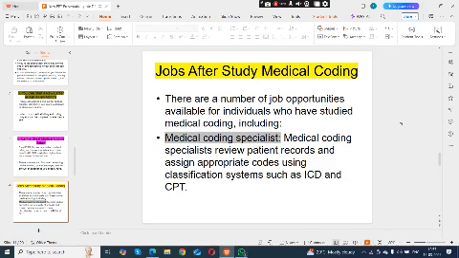For a particular disease or procedure, they use the classification to code. If it is a disease, they take the code from the ICD category, and if it is a procedure, they take the code from CPT, and based on the category of visit they do the coding. This is the main role of the medical coding specialist.